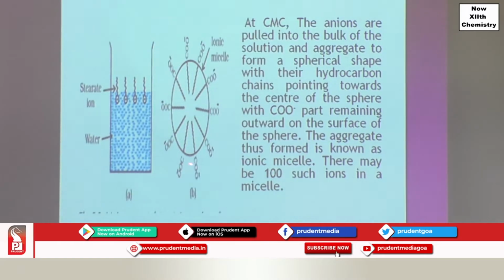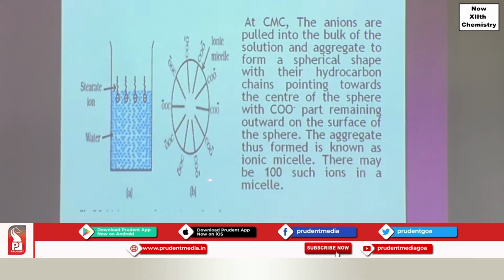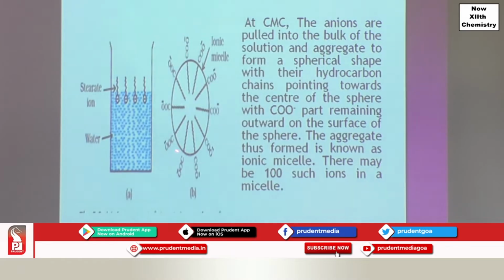So, this is how the micelle forms. Many such stearate ions get adhered or aligned like this. In one particular micelle you can find about 100 ions of stearate. So, this is how the adherence takes place to an organic impurity.